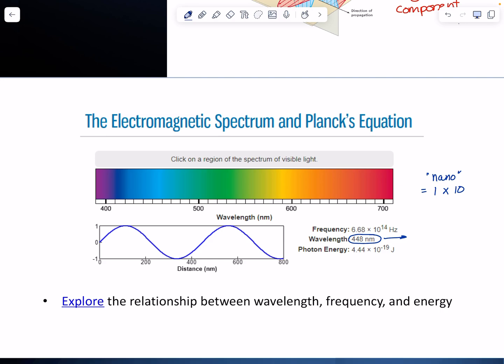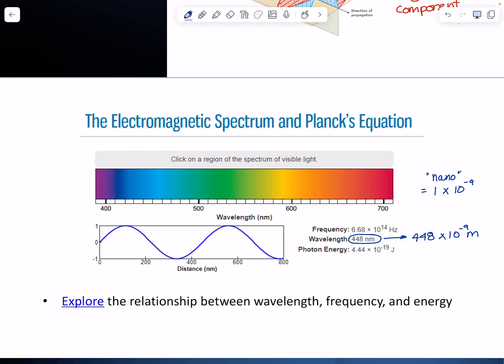So this is going to be 448 times 10 to the minus 9 meters. That should give you a sense of the size of these electromagnetic waves. It's not like seeing a ripple in the water. The wavelength is very, very small.